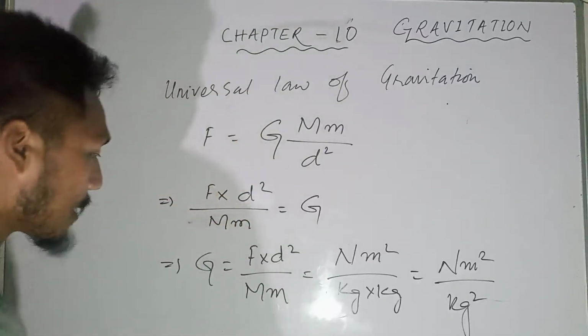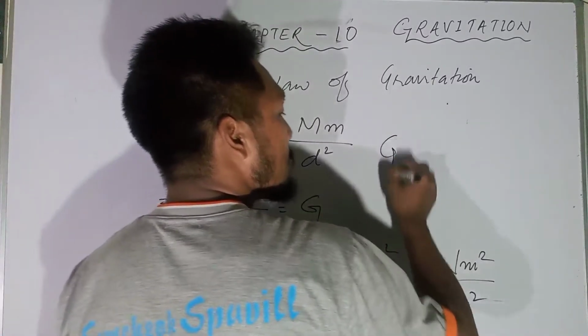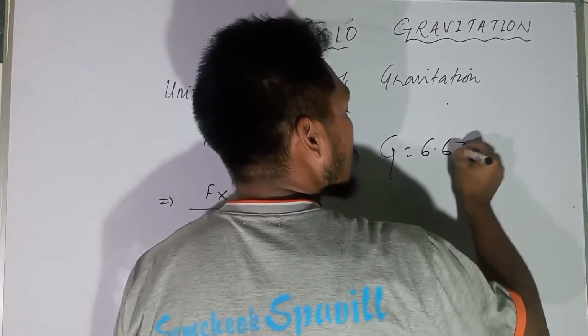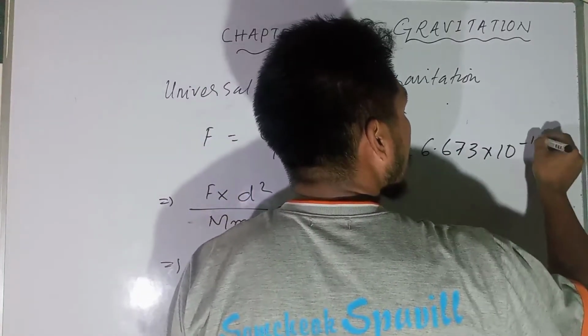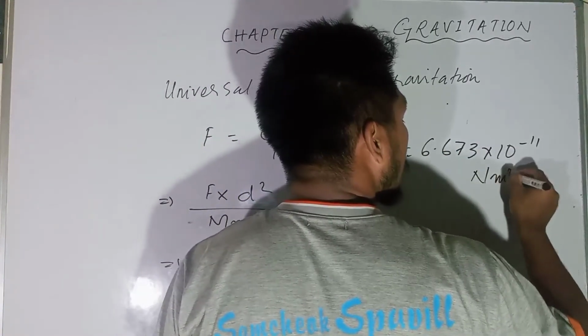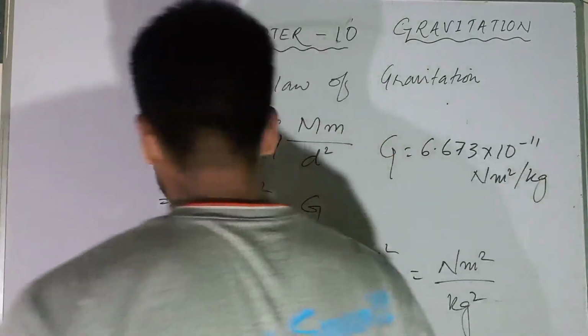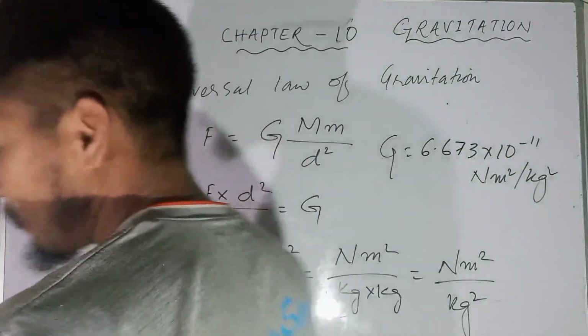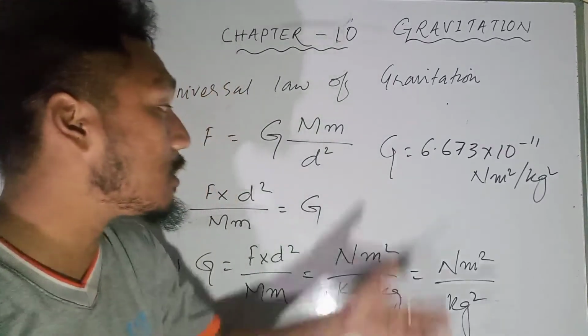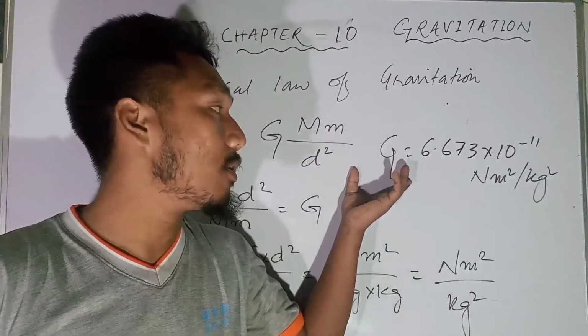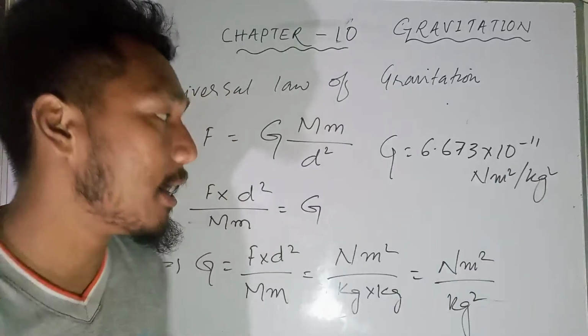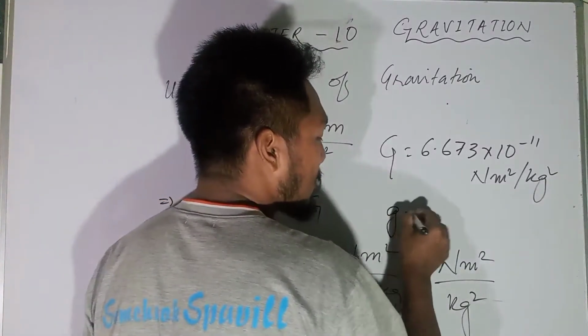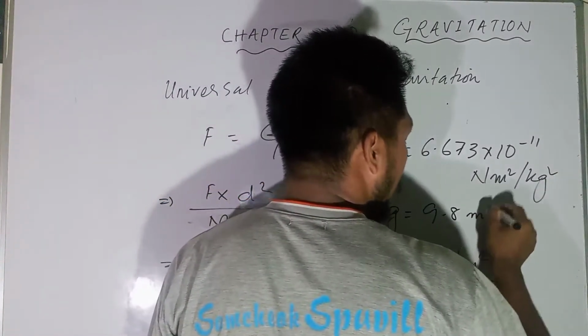And the value of the universal gravitational constant, I already told you, is 6.673 into 10 to the power minus 11 Newton meter squared per kg squared. So whenever you see capital G, remember that it is 6.673 into 10 to the power minus 11. And the small g, always remember, is 9.8 meter per second squared.